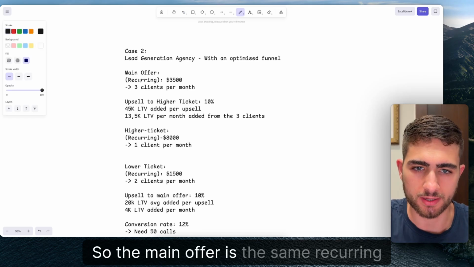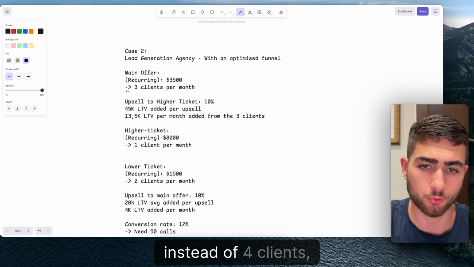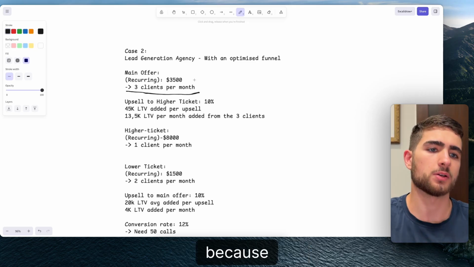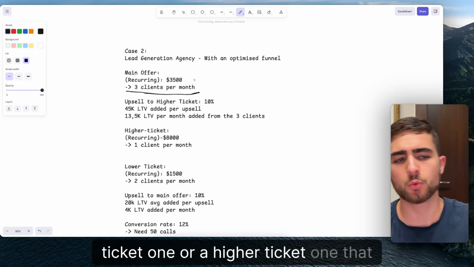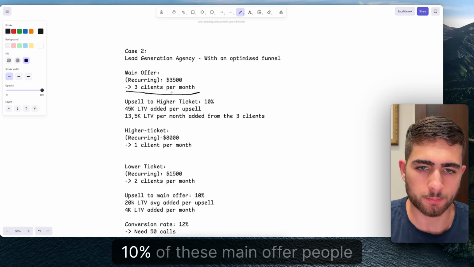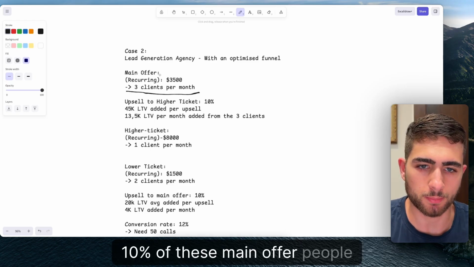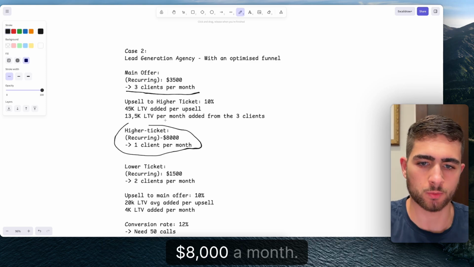The main offer is the same, recurring 3.5K. However, instead of 4 clients, they get 3 clients, because one of the other ones was either a low ticket one or a higher ticket one that converted into this main offer. Then they upsell 10% of these main offer people into the higher ticket one, which is $8,000 a month.